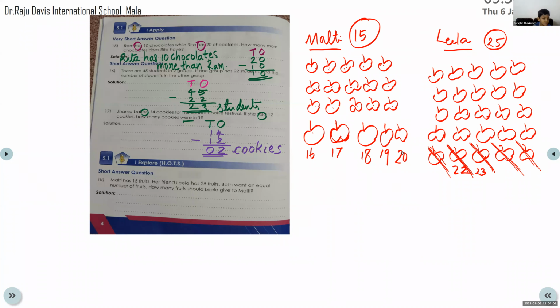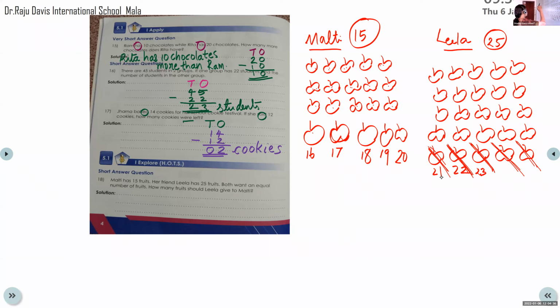She's not 21. See, 25 was there, she gave one, then it became 24, then 23, then 22, then 21, and she gave that one also. So what is remaining now? 21.